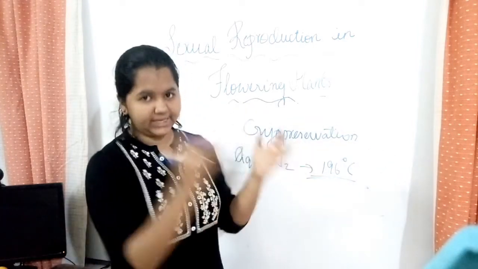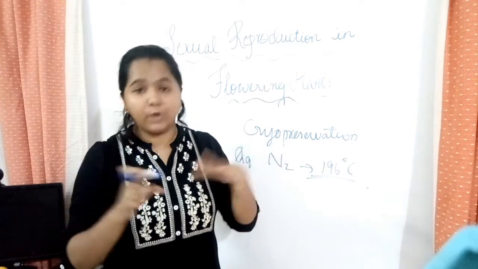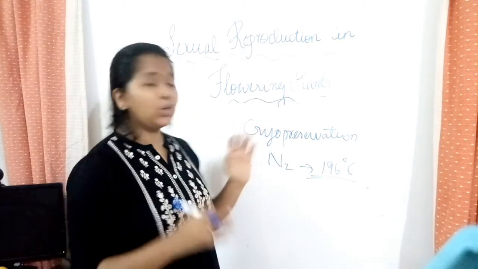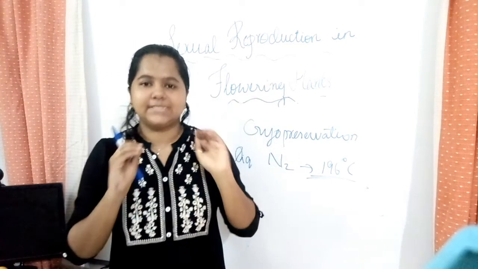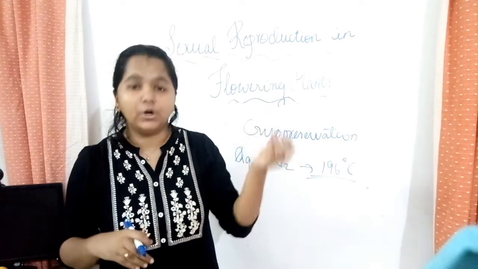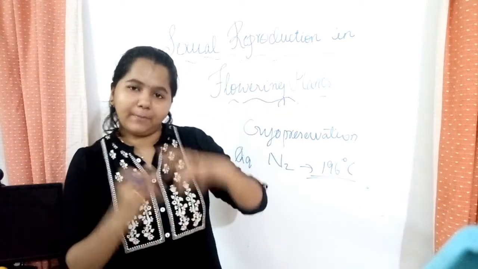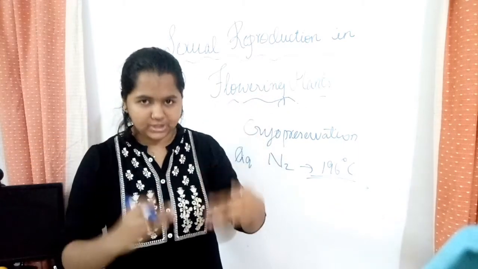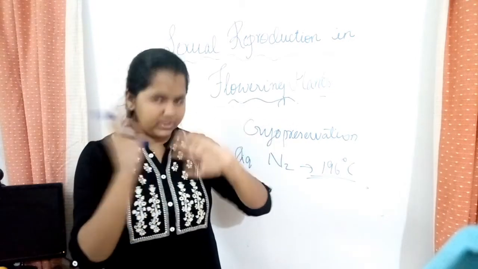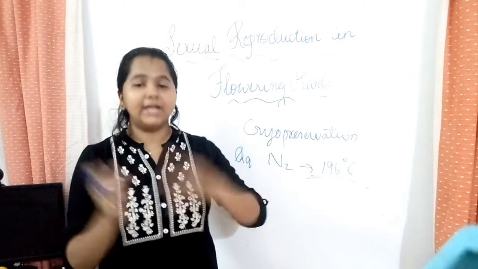These pollen grains are stored. Why is it stored, or how does it help? What is the use of storing it? If you think there is an extinction or endangerment of any species, and if you have the pollen grains, you can find a suitable stigma and then you can propagate. You can do the fertilization through another method, something known as artificial hybridization.